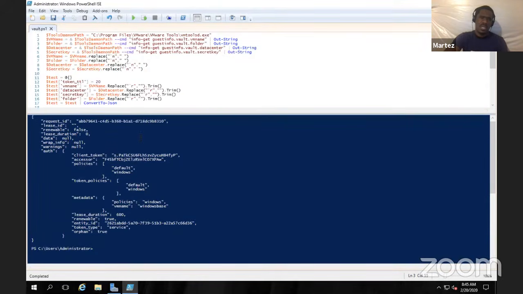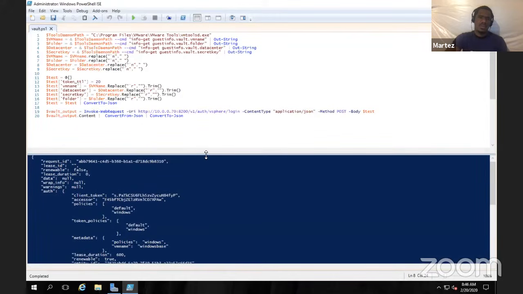What we can see is that once it's done that process, we can then perform the authentication, and we're pulling back a client token as well as policies associated with that particular token. In this particular case, it's a one-to-one mapping of policies to virtual machines within VMware vSphere.